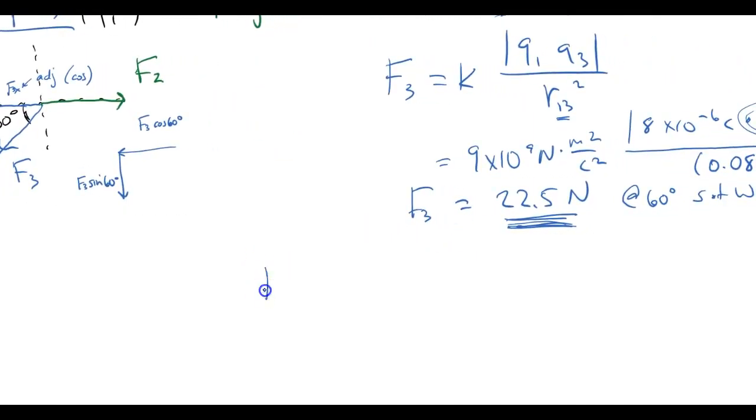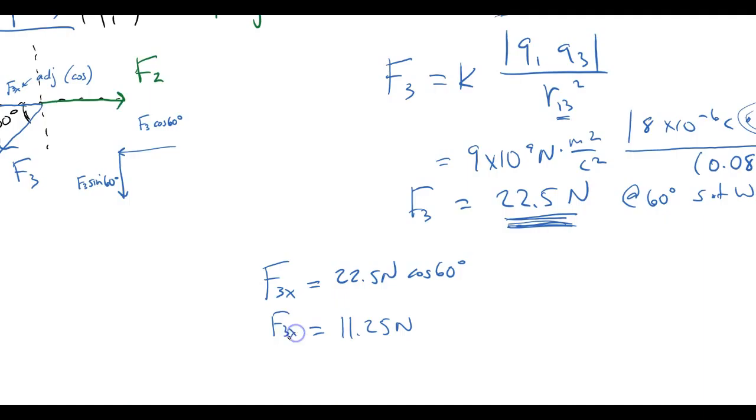Okay, and so I'm going to say F3 in the x direction, horizontal, is 22.5 newtons cosine of 60 degrees. And where did I get 60? Just by looking at the picture. All right, and so 22.5 cosine of 60, I get 11.25 newtons. And then which way does it point? Let's take a look. Oh, it's pointing left, so I'll just put a little arrow left.